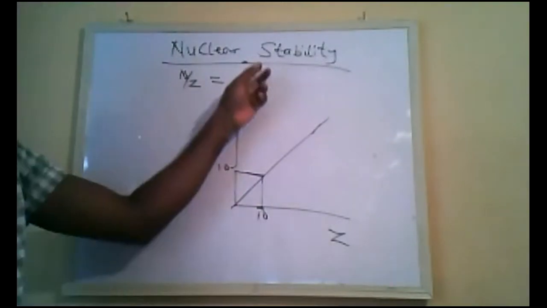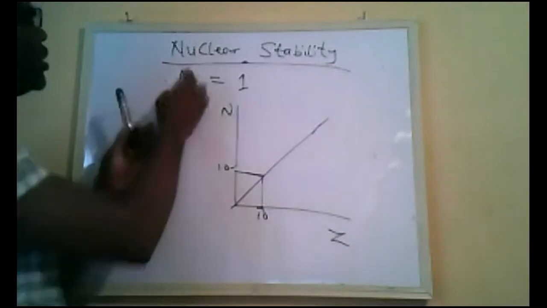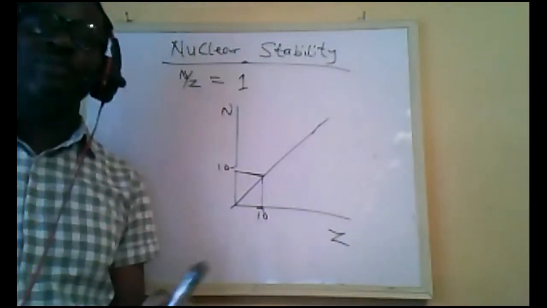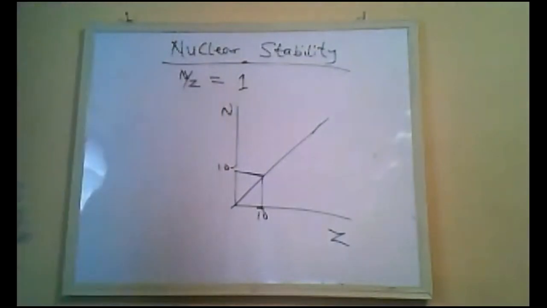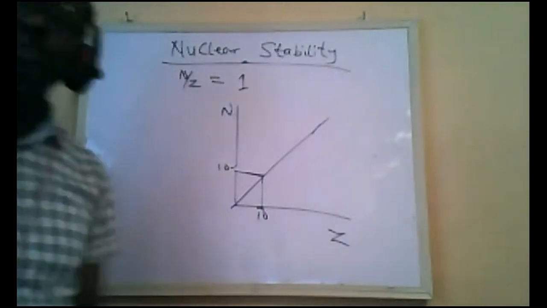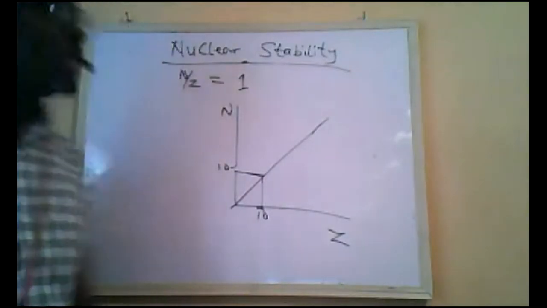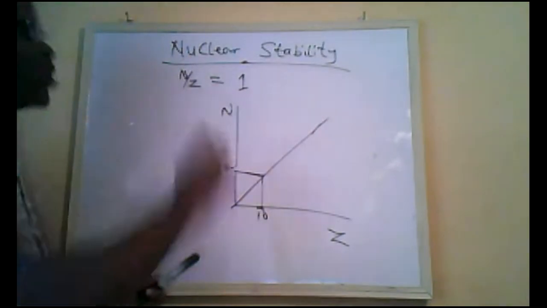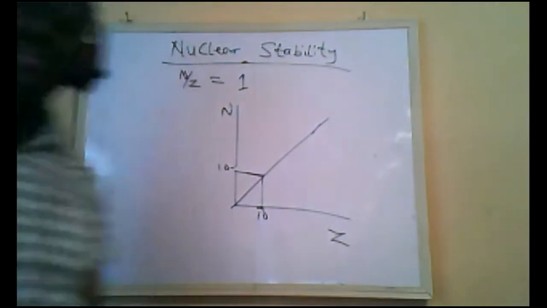Something has to happen to this ratio, because the neutron-proton ratio constitutes the nuclear force, and the nuclear force has to be counterbalanced by the Coulombic force, which arises from the proton-proton interaction. So when the number of protons becomes so much that the neutron can't handle it again, the material becomes unstable.